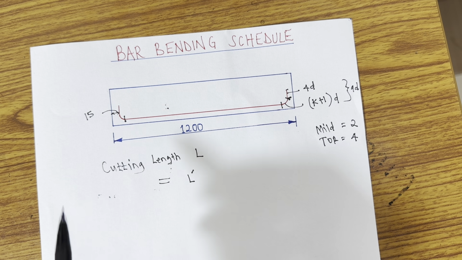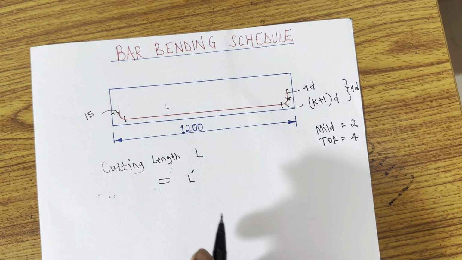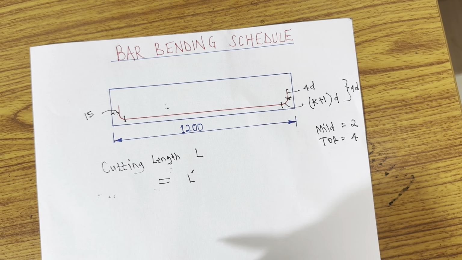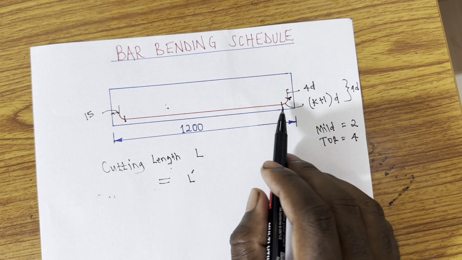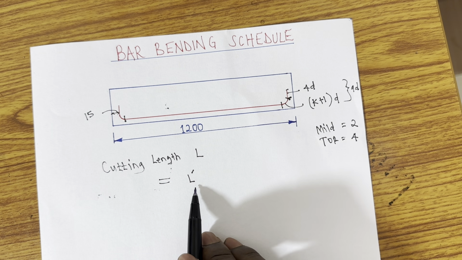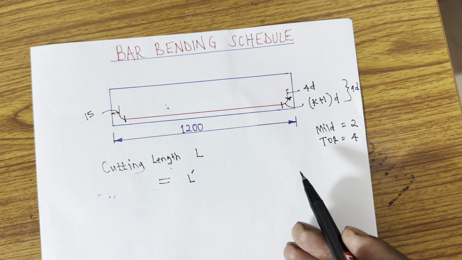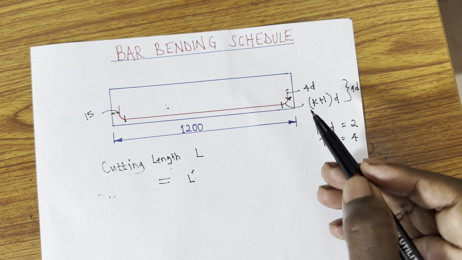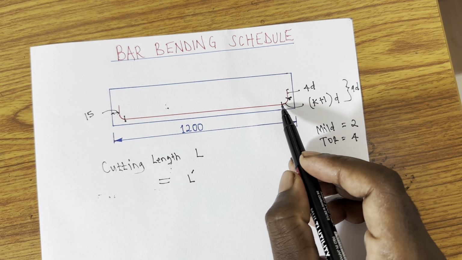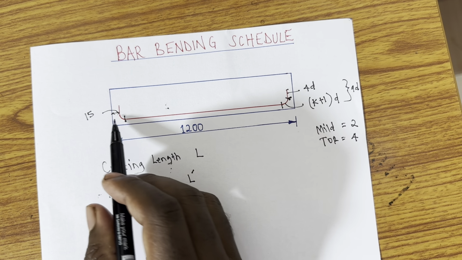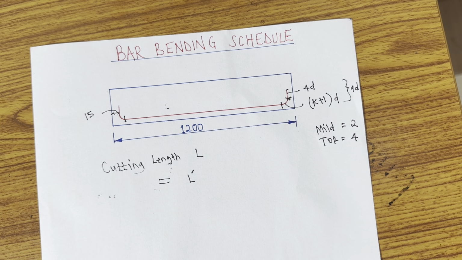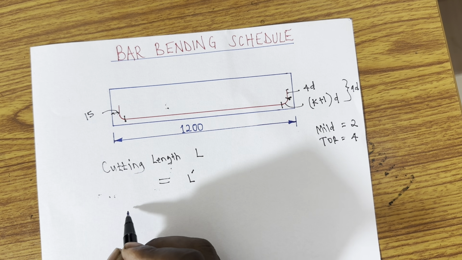So now, if I want to calculate the length of this bar that I need to cut, first of all, you know that the length from end to end is L dash. You don't know it because you have to calculate it, okay? And then you know that from here to here is 9D. Then from this part to this part is also 9D. What could be the cutting length? Let me clearly write it here.